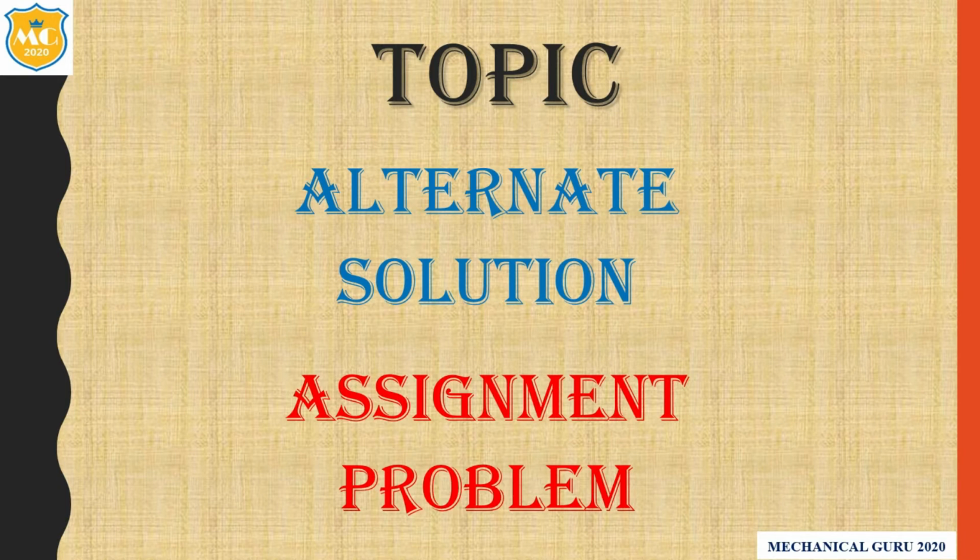In such cases, it is possible to have alternative optimal solution with the same cost. So, in alternate optimal solutions, we get more than one solution. So, it's called the alternate solution. Let's see the example.